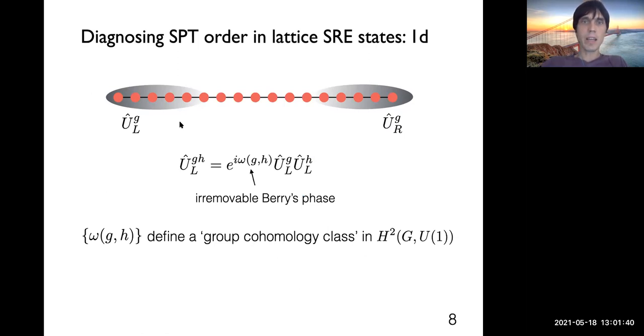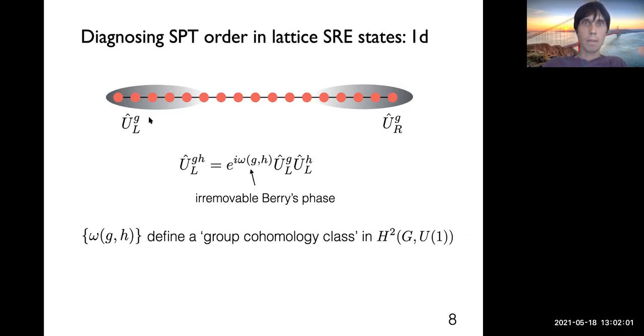This one-dimensional idea can be generalized to higher dimensions. You can define this notion of effective boundary action in higher dimensions, and you can usefully classify phases in higher dimensions by understanding the properties of this effective boundary action.